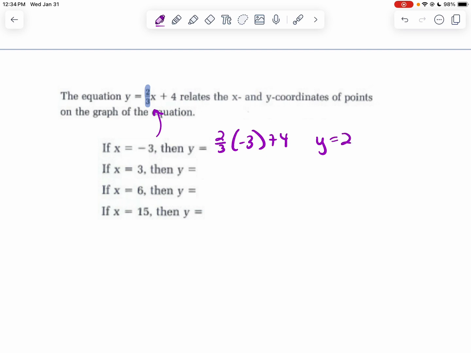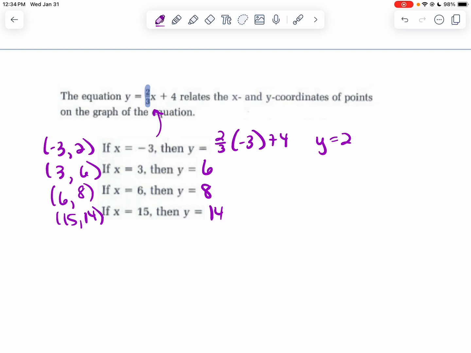So y equals 2. That's going to be the ordered pair (-3, 2). Okay, if x equals 3, when I substitute that in, y is going to equal 6. If I substitute in 6 for x, then y is going to be 8. And if I substitute in 15 for x, then y is going to be 14. So that's going to be the ordered pair (15, 14).